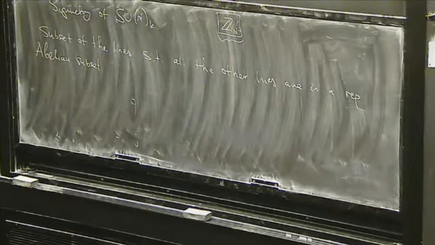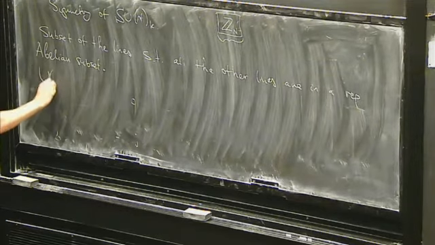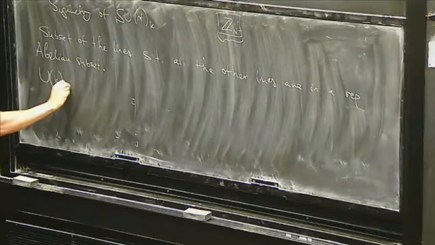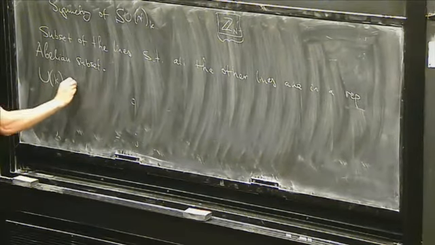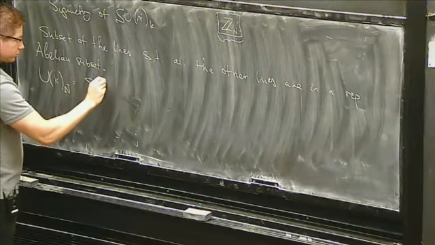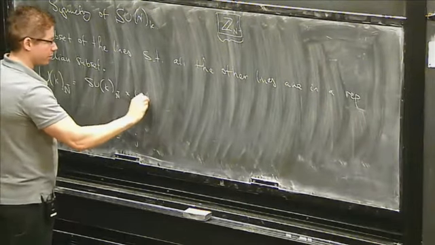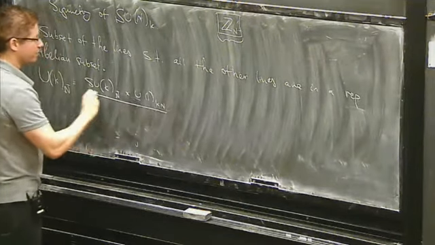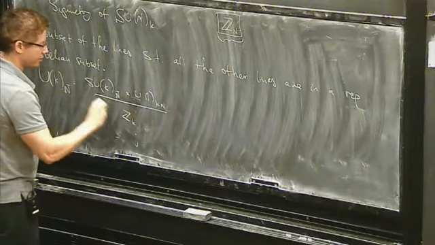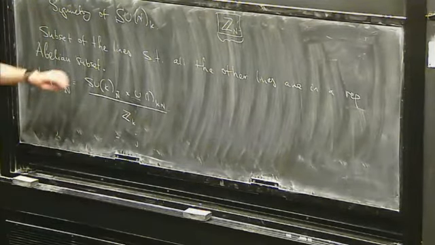Now, okay, so level-rank duality would relate this to U(K) level N, that's what level-rank would mean, minus N if you want to be precise. And this is the same as SU(K) level N times U(1) level KN divided by Z_K. So this has a Z_K one-form symmetry.